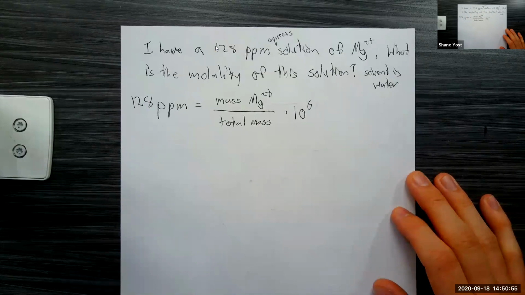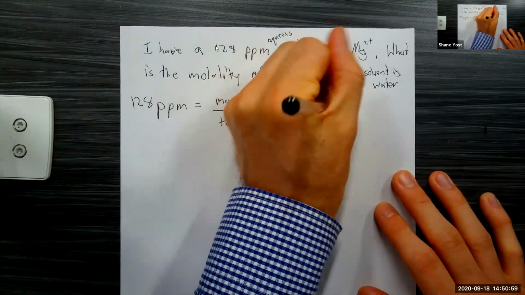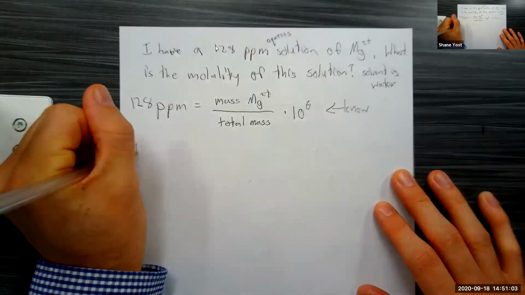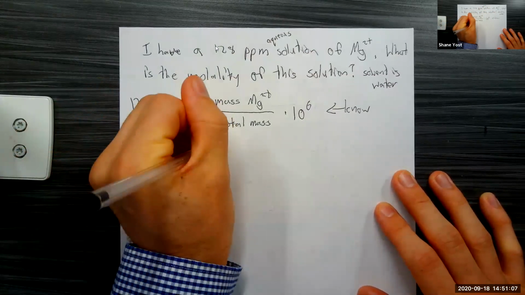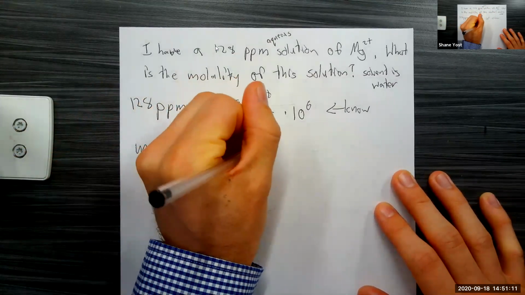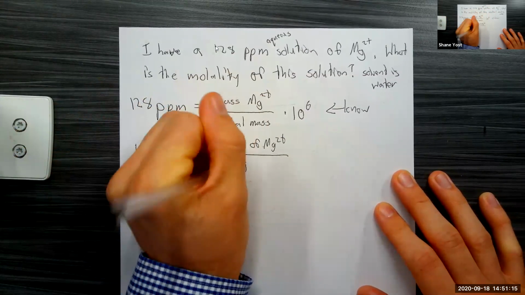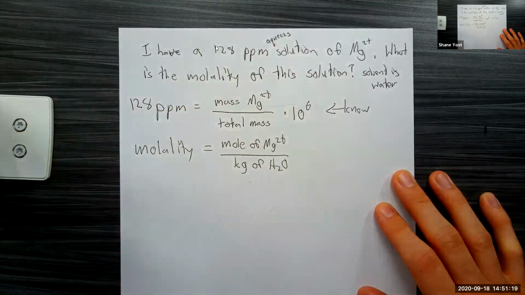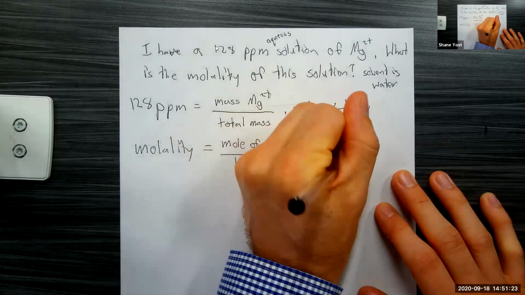What I want is the molality, which is the moles of Mg2+ over the kilograms of water, the solvent.